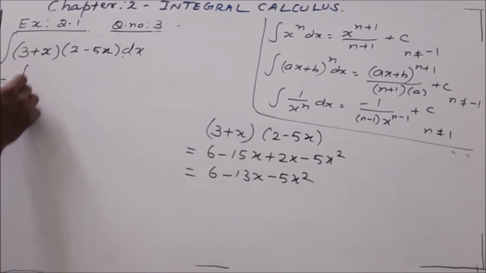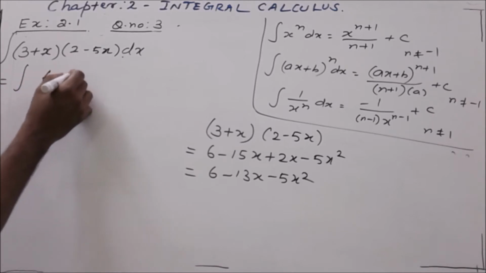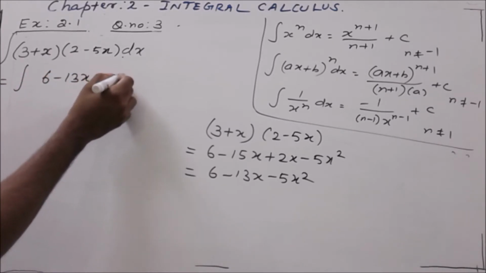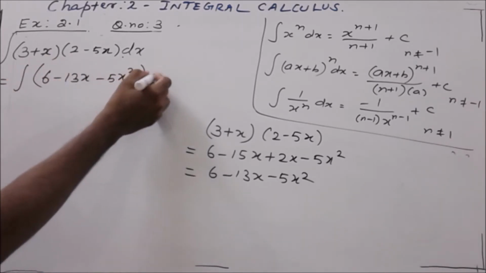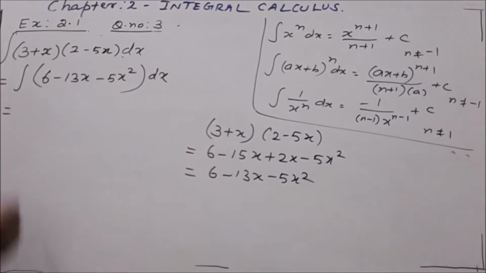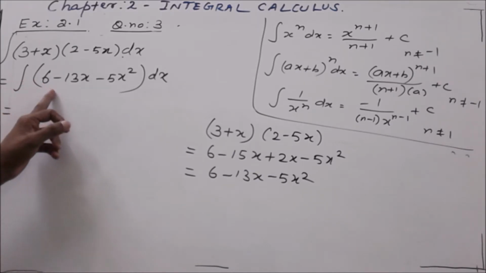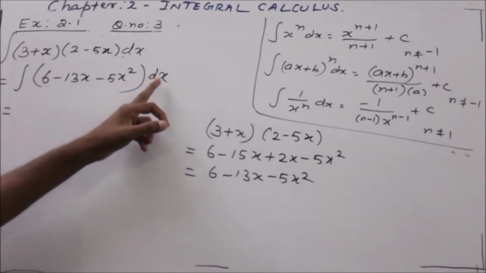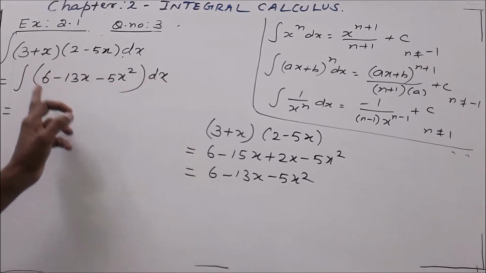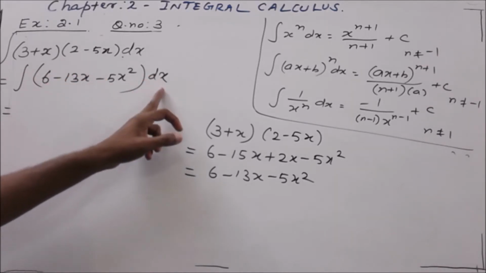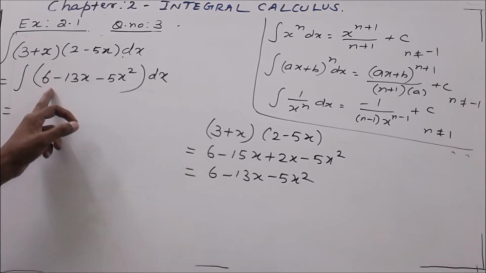That is equal to the integral of (6 - 13x - 5x²) dx. Now we can integrate because the functions are combined by addition and subtraction. Here 6 is a constant. While integrating a constant, if the integrand is dx, x will be multiplied with the constant. If the integrand is dt, t is multiplied with the constant.